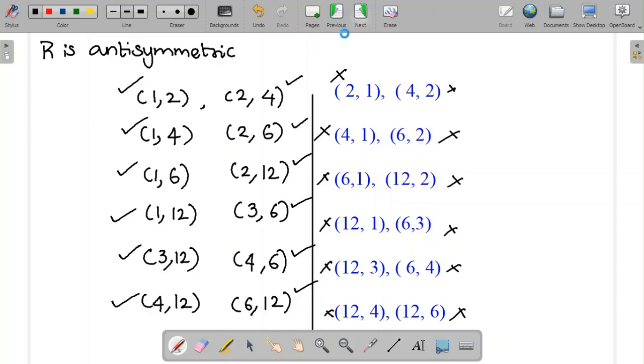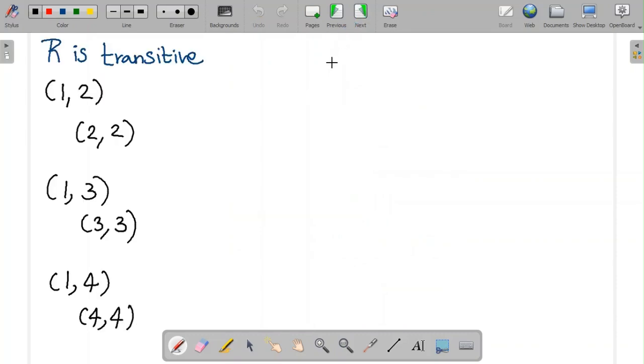Let's check the third condition next, the condition on transitive nature. For each pair, we know that if (A,B) and (B,C) are present in R, then the pair (A,C) must also be present in R. Recalling this definition, let's examine the condition for various ordered pairs in this relation.